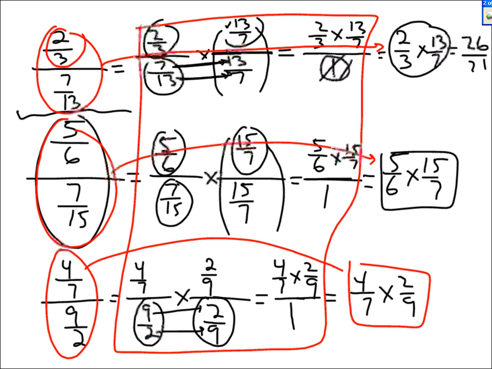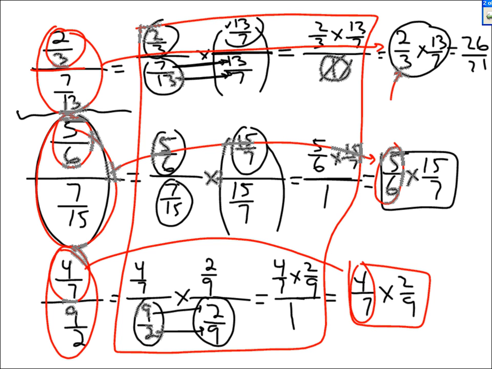The numerator is right there. It didn't change. The numerator does not change. The division line became multiplication.